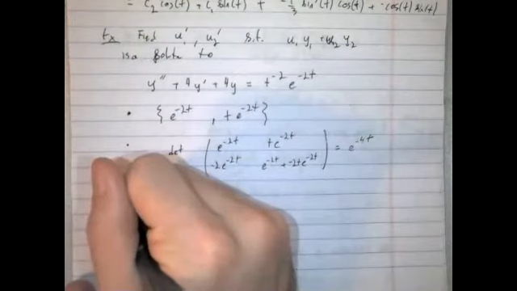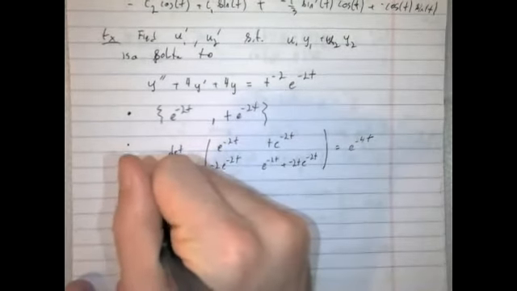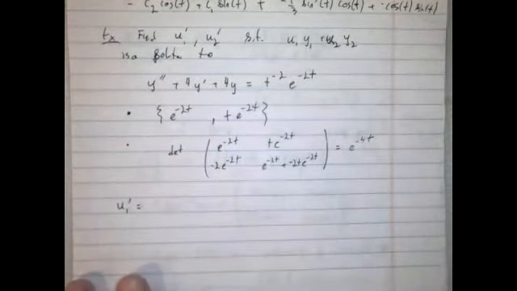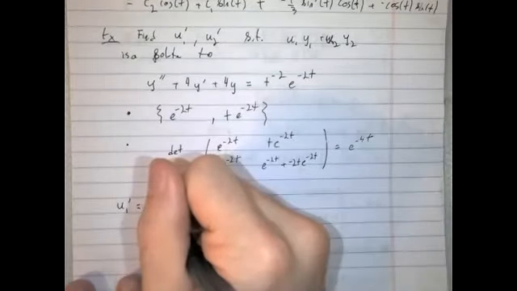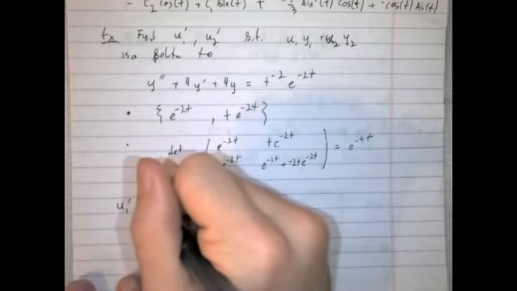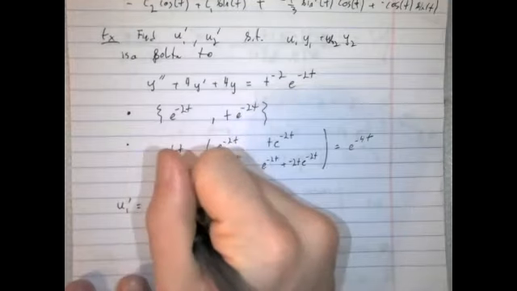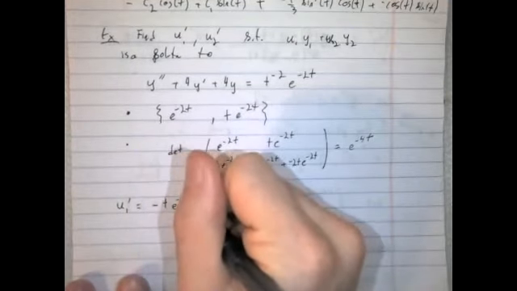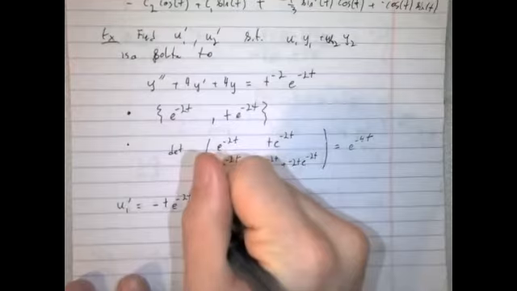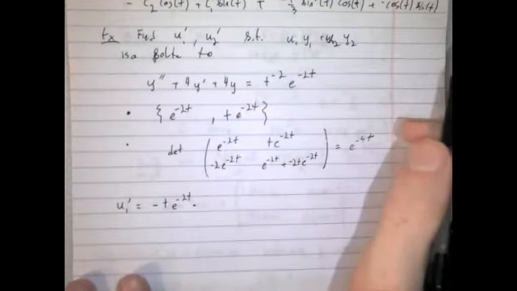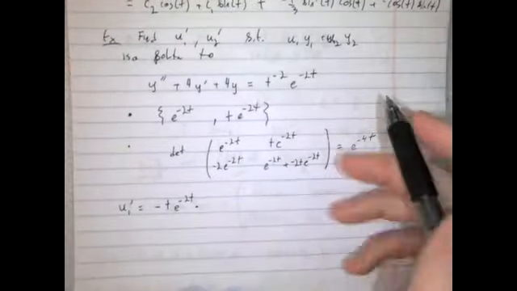So what we immediately know is that u1 prime is going to be equal to what? Negative y2. So negative y2 is negative t e to the negative 2t times g. What is g in this setting?